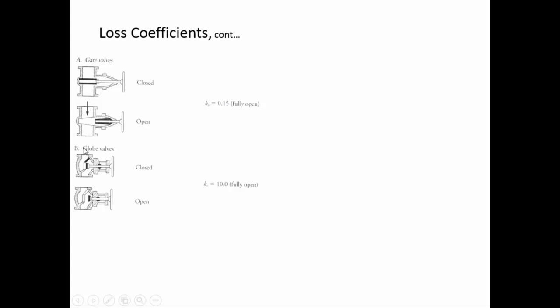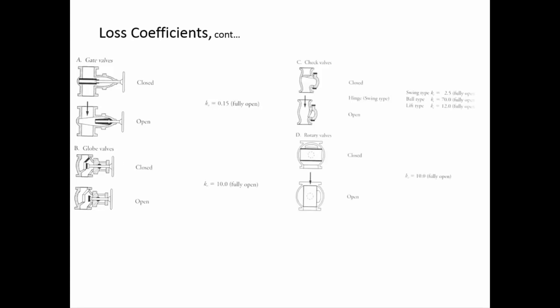But the water that's flowing through a globe valve really has a pretty circuitous path where it's changing direction several times. I've got a zoom in of what a globe valve looks like and why that K value is so high. In just a minute we'll take a look at that. So you can see here some other types of valves. A ball check valve. You see the K value for a ball valve is 70.